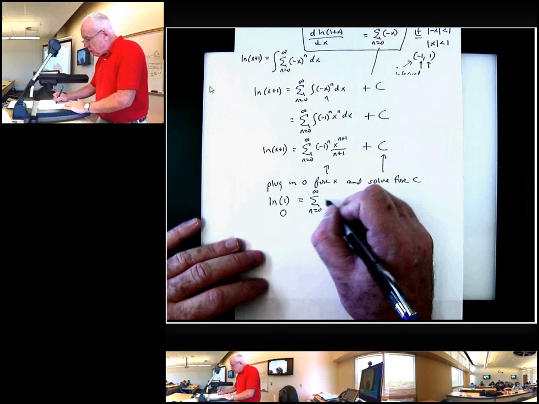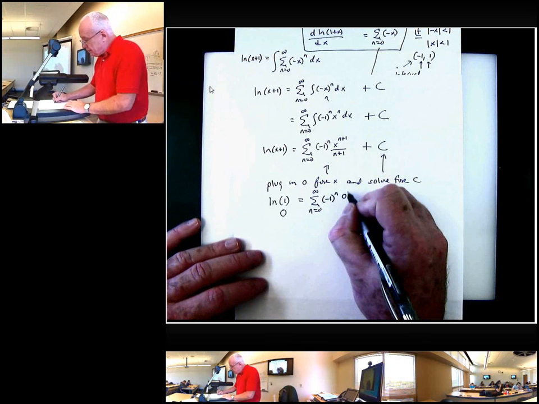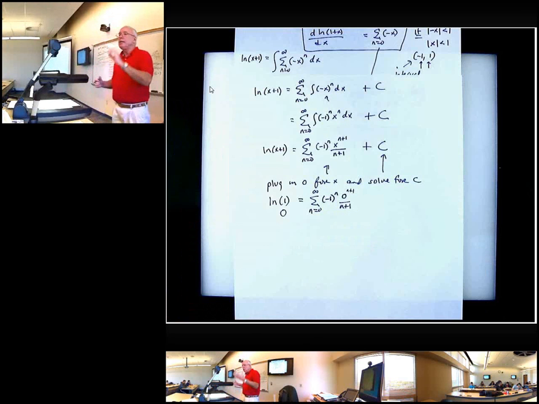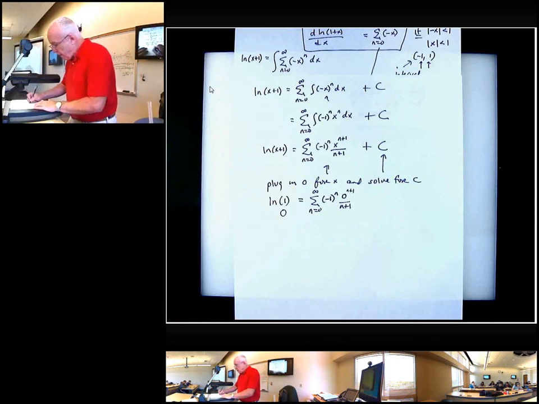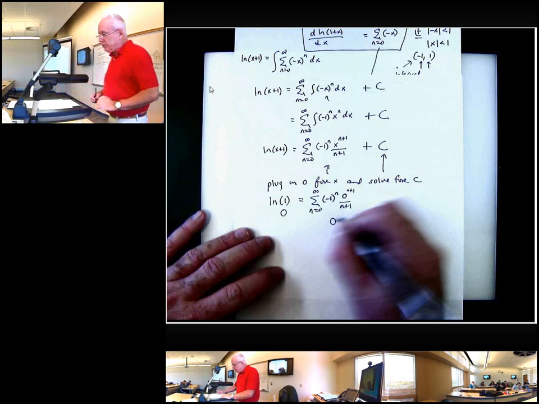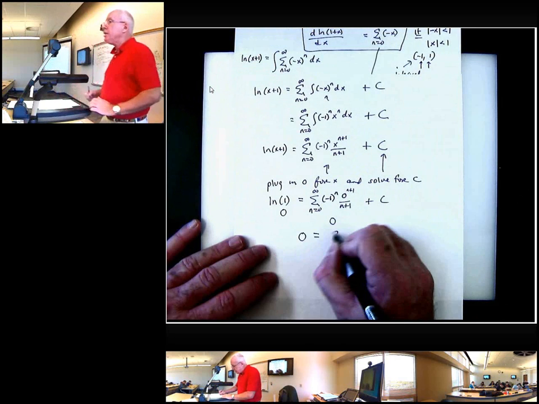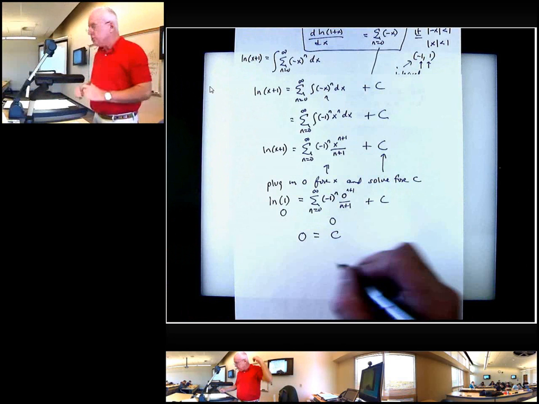So this is all going to be 0 to the n plus 1 over n plus 1. Well, that whole summation is just going to equal 0. And then I have a plus c. So therefore I have 0 has to equal c, and that's what my value is then. The c is equal to 0.